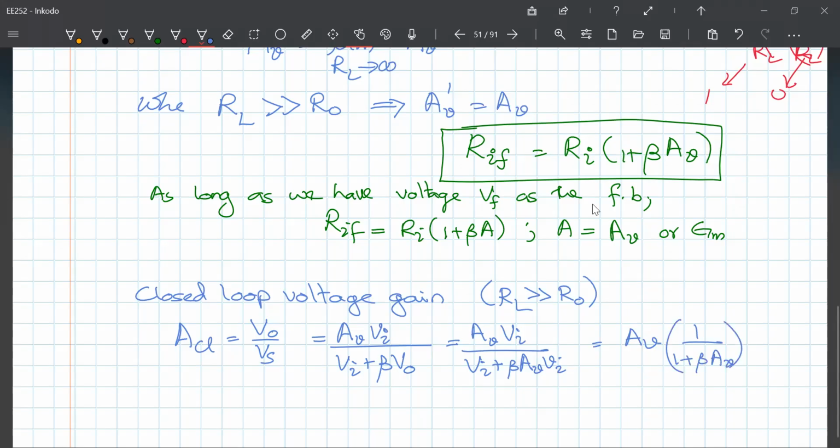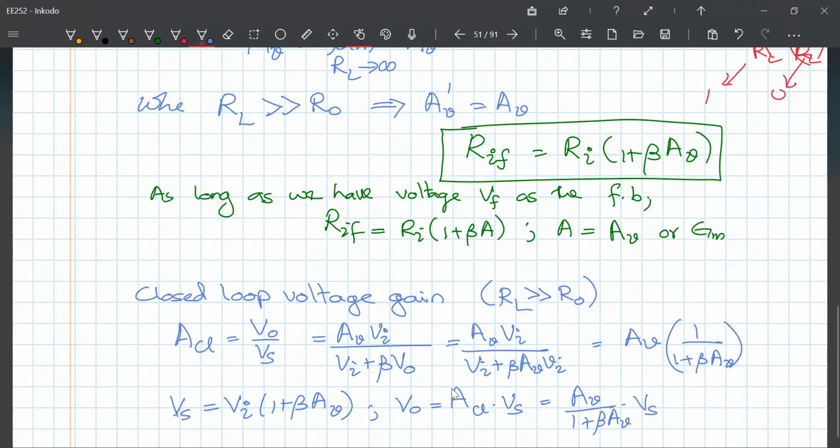So we have the expression for the closed loop gain, where Vs is equal to Vi times 1 plus beta AV, that we have proved earlier, and V out is equal to the closed loop gain times Vs, which is AV over 1 plus beta AV, that is my closed loop gain, times Vs. Okay, so that's my expression.